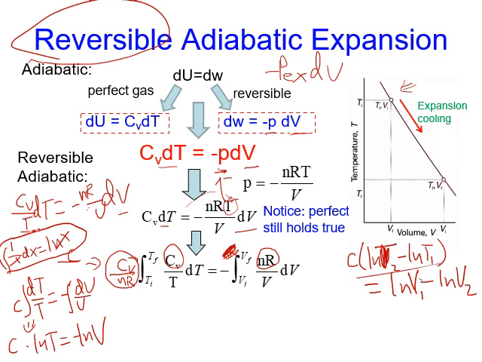Now ln T2 minus ln T1 you can write as C ln(T2/T1). The right side is ln(V1/V2).